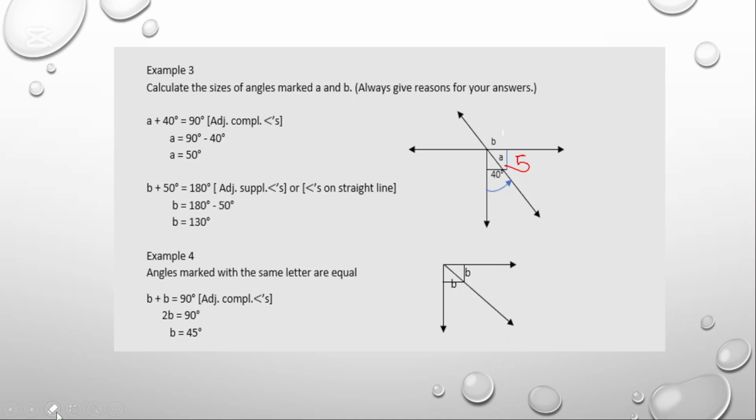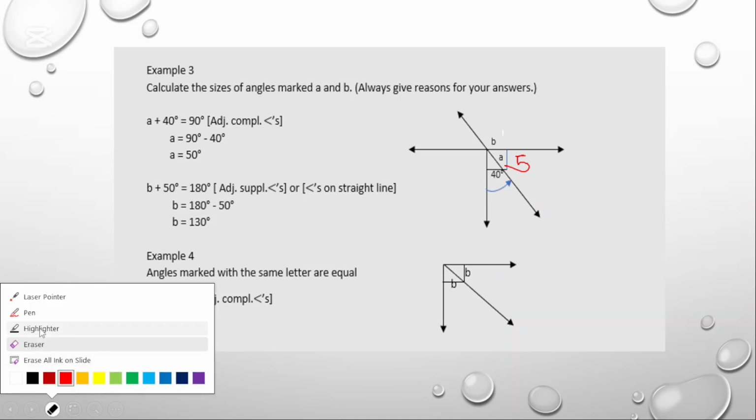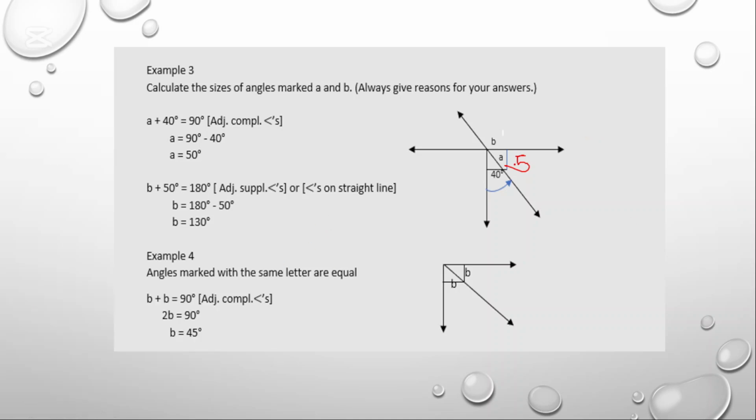Right, but what we must remember is that this angle here is equal to 50 degrees. A plus B is equal to 180 because they are on this straight line. They are next to each other. They share a common vertex and they share a common side.